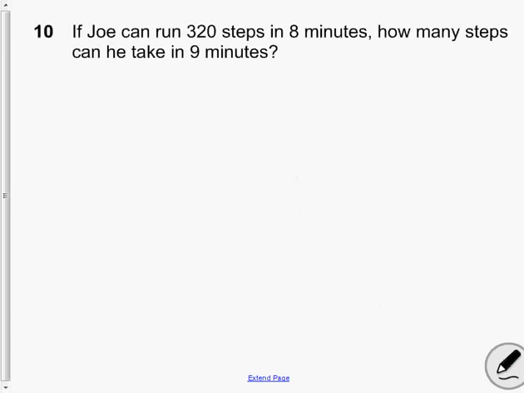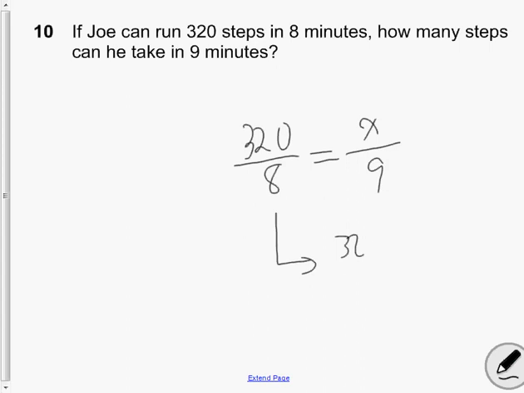Okay, question 10. If Joe can run 320 steps in 8 minutes, how many steps can he take in 9 minutes? This is simply a really easy proportion. Let's do it a different way this time. Let's take this 320 in 8 and figure out how far he went in 1 minute instead.